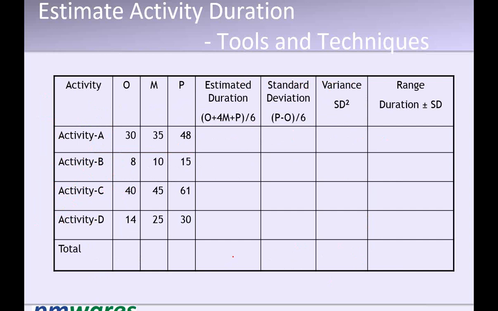And here, you cannot total the standard deviation. You have to total the variance and then take the square root of it to get the standard deviation of the complete project. Got it?